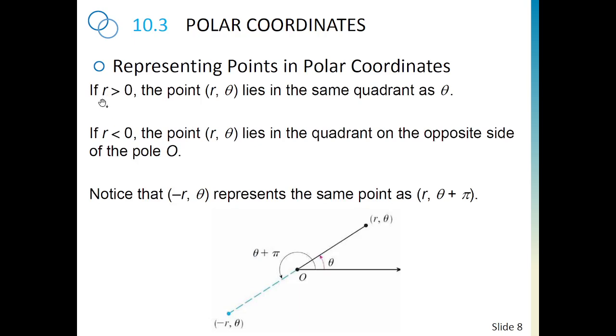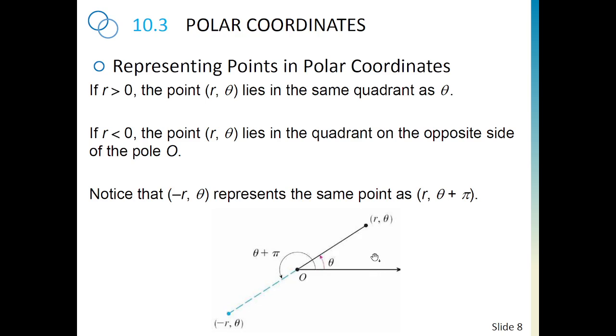Another observation is about when r is positive, because now we know it can be positive or negative. It's our choice. When we take r positive, the point lies in the same quadrant as the angle. So if I open the angle here and stop, and r is positive, the point is in the same quadrant as the angle. If r is negative, the point will be in the opposite quadrant.